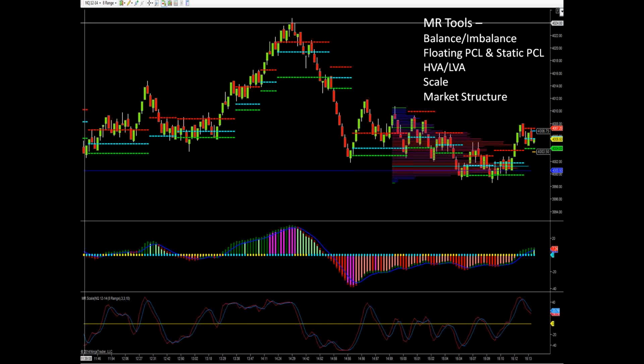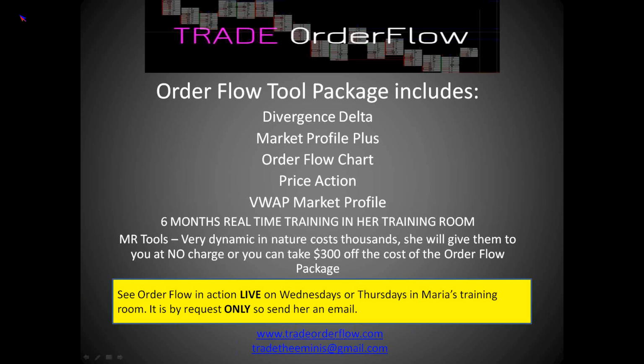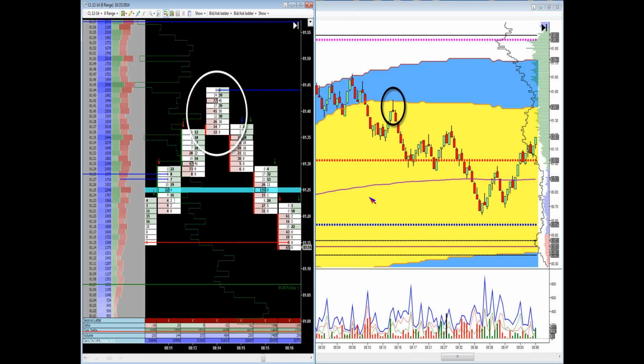So I'm just going to briefly tell you what's in the package, and then Maria can answer questions and I can answer questions. So with Maria's order flow package, you get the divergence delta, the market profile plus, the order flow chart, price action, and the VWAP market profile. And so that's basically everything you see here on this chart.